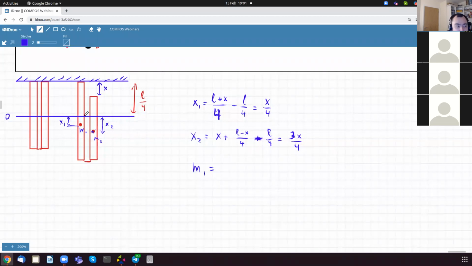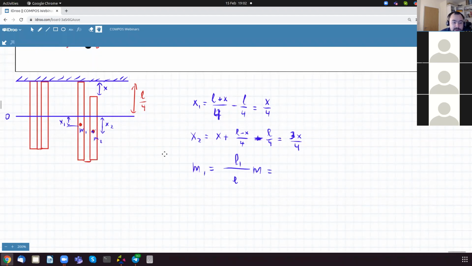We are interested in how much the center of mass actually moved, because that's the way we can find the kinetic energy. So M1 is the length of the rope divided by the original length of the rope, L1 divided by L, times the mass of the rope.